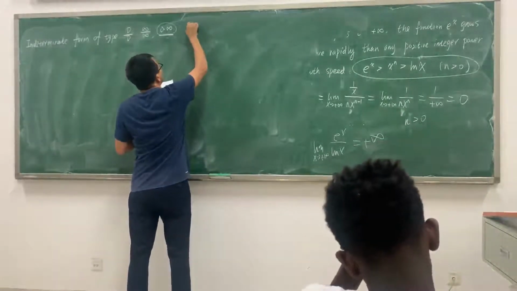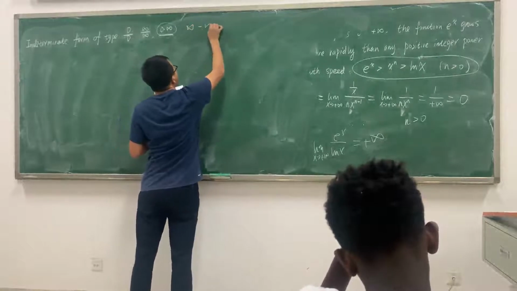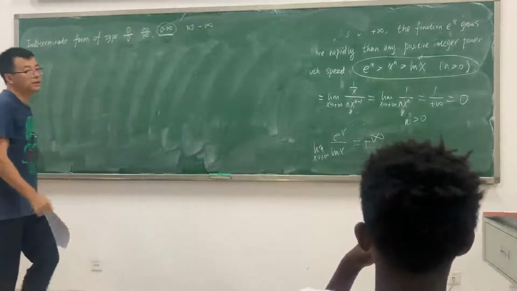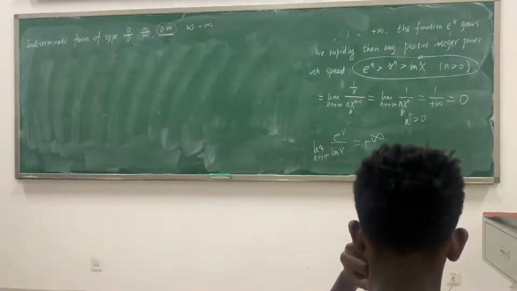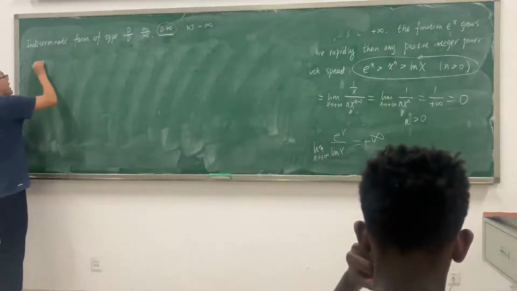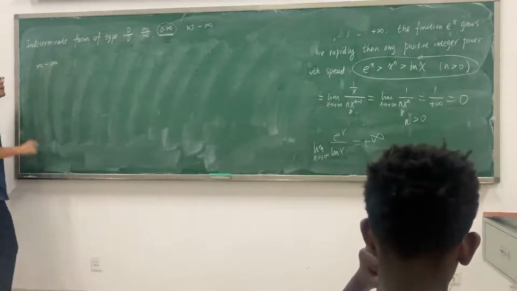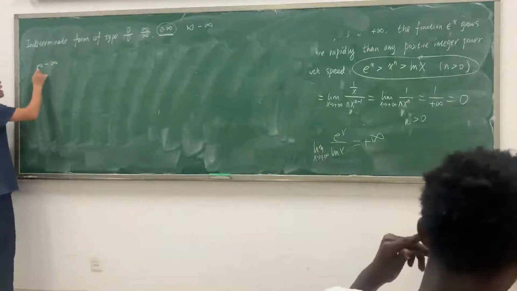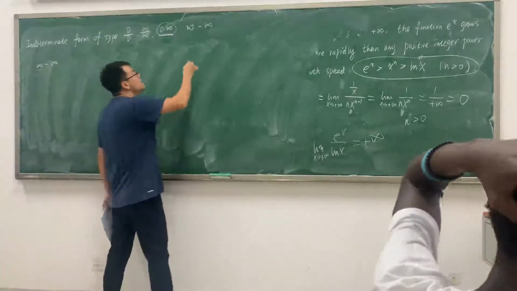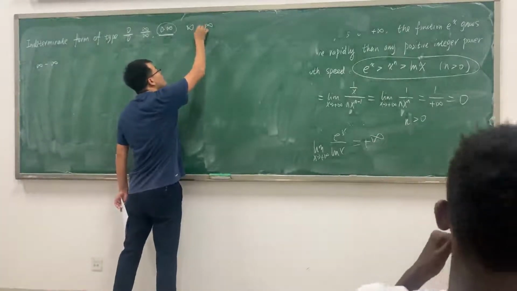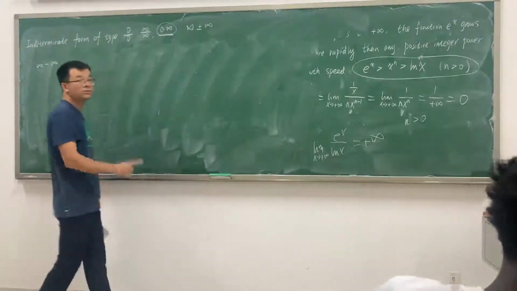This form is infinity minus infinity, or infinity plus infinity, where the infinities can be plus infinity or minus infinity.